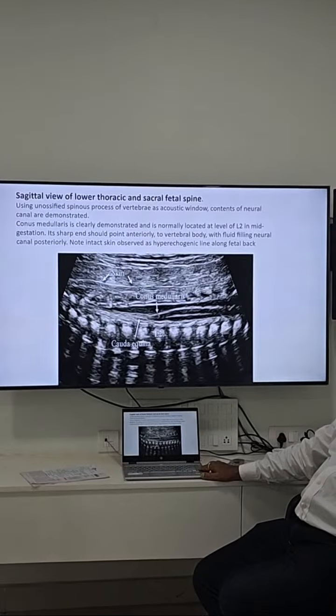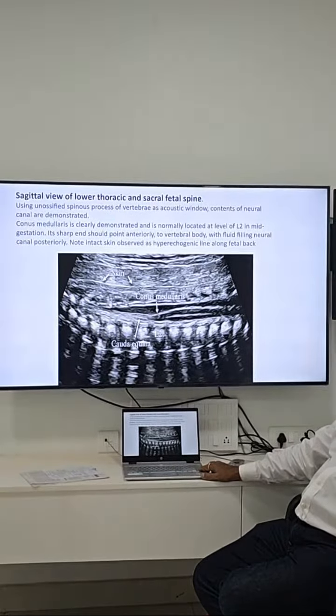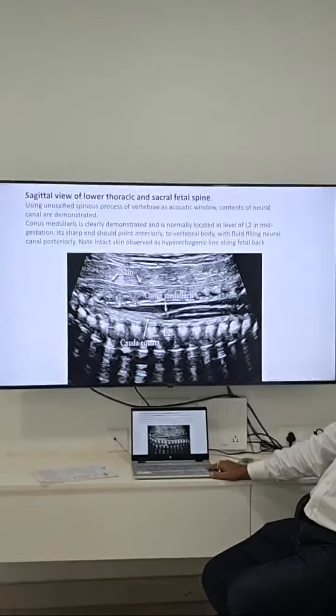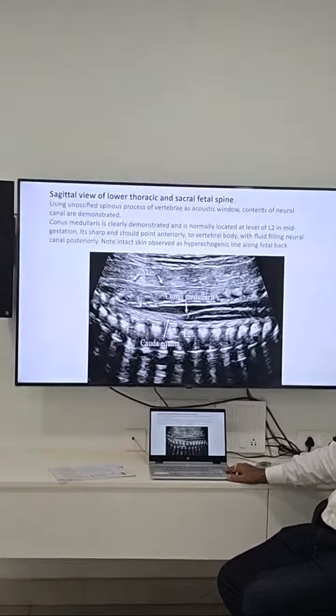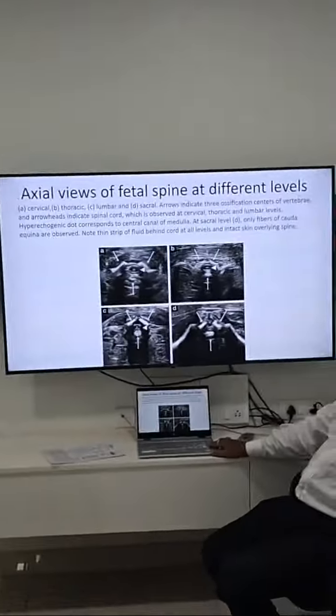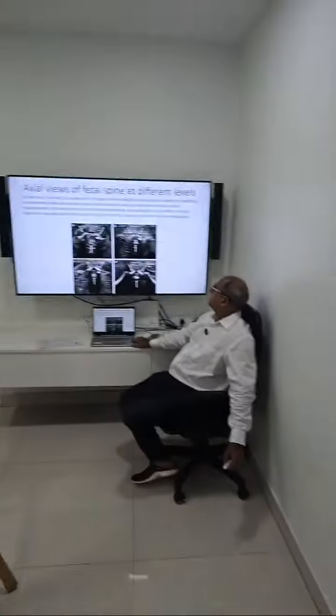If you do a little bit detailed scanning, you can see the conus medullaris which is at L2, and using the unossified spinous process of the vertebra as an acoustic window, contents of the neural canal can also be seen. And this is very important: the transverse section, the axial view of all levels.